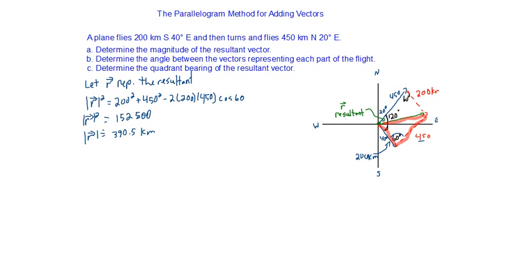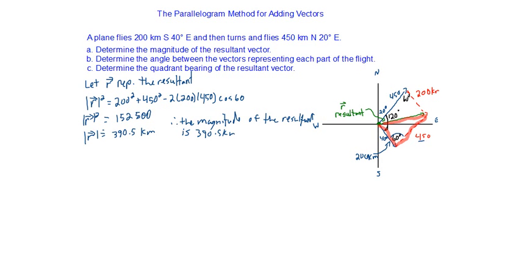So to answer the first question, the magnitude of the resultant vector is 390.5 kilometers.